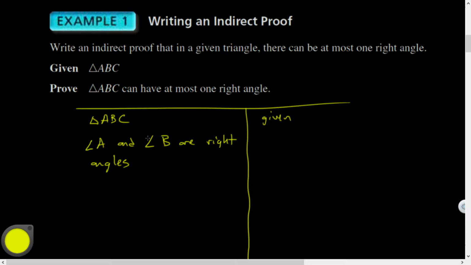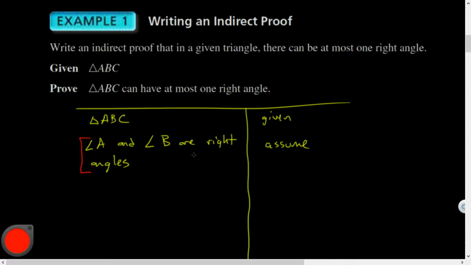We start with an assumption that's the opposite of what we want. That's pretty fun. So this is our assumption. Assume would be the reason that I'm making this claim. I don't believe this is true.